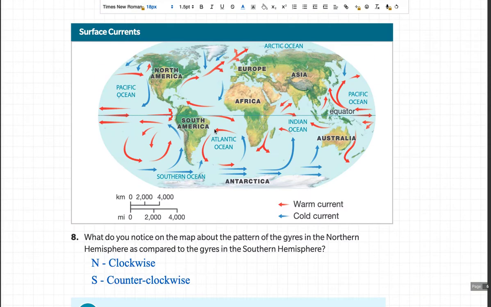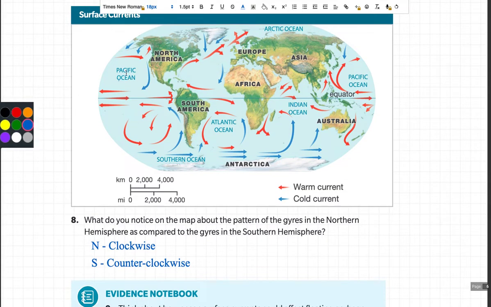Well, if you go back up here, you can see how you have these different patterns. This North American one is because of the winds and the continent, and how the patterns are moving. You have this cold water moving south, but then you have these warm ones, because it's moving near the equator and going up in this direction, in a clockwise direction, so you have warm water coming up.